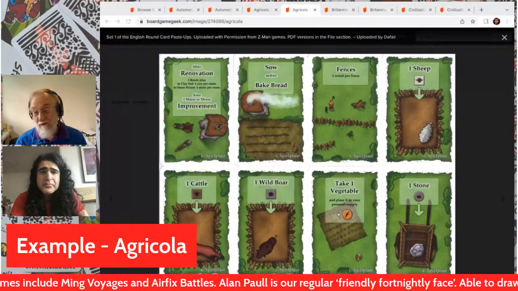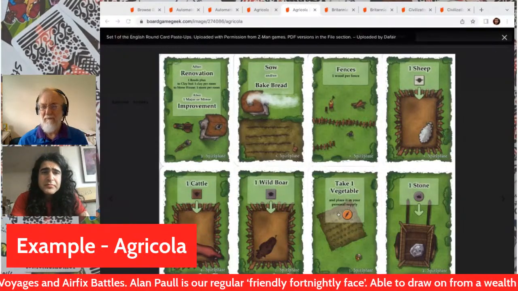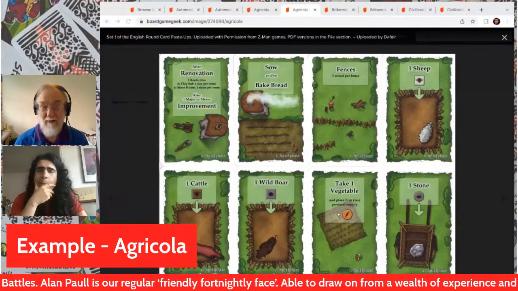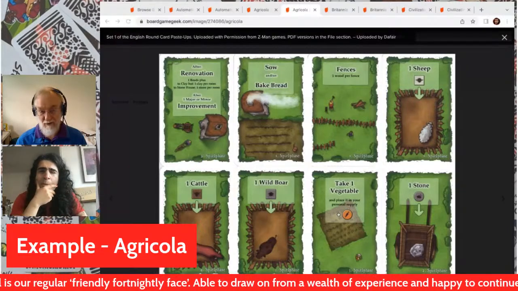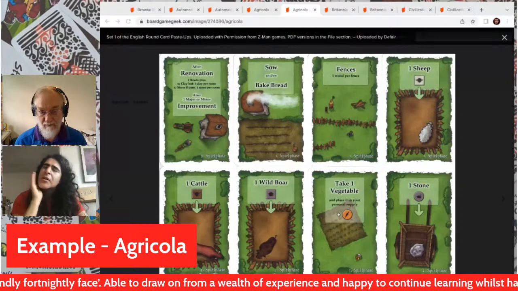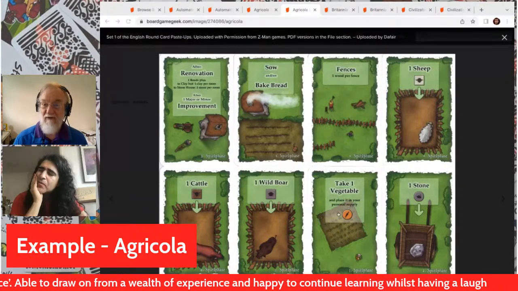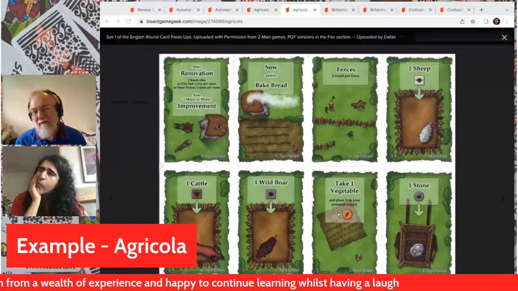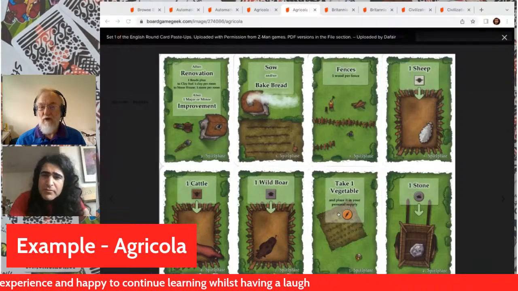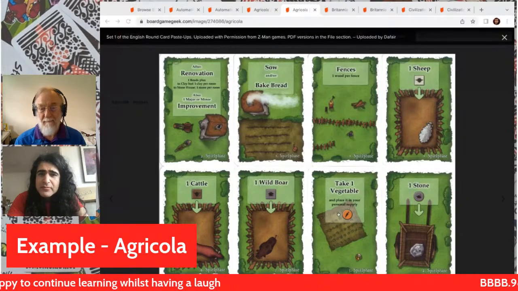Yeah. So if you think one sheep isn't enough, which usually it isn't, then another sheep will turn up next turn. Then player order becomes really important, because particularly if you have wood, it accumulates rapidly.